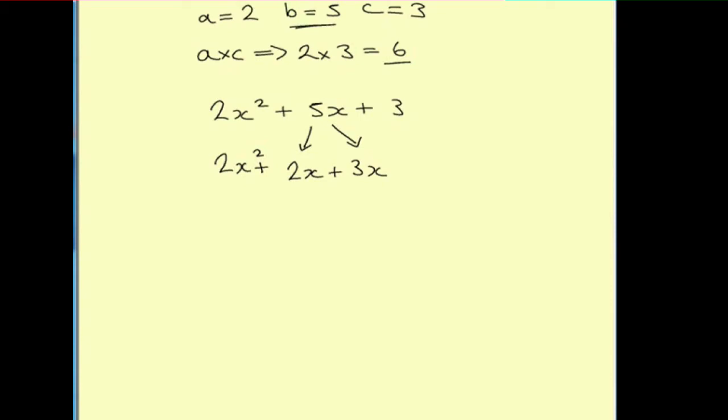So now what we need to do is partition the quadratic, so split it into two, and factorise the left hand side and the right hand side. So factorising the left hand side, we get 2x brackets x plus 1. And factorising the right hand side, we get 3 brackets x plus 1.